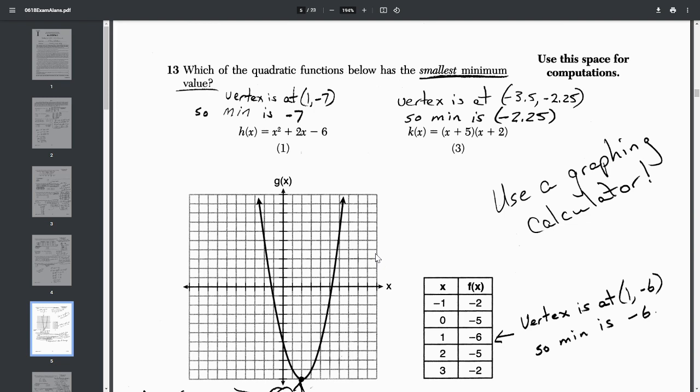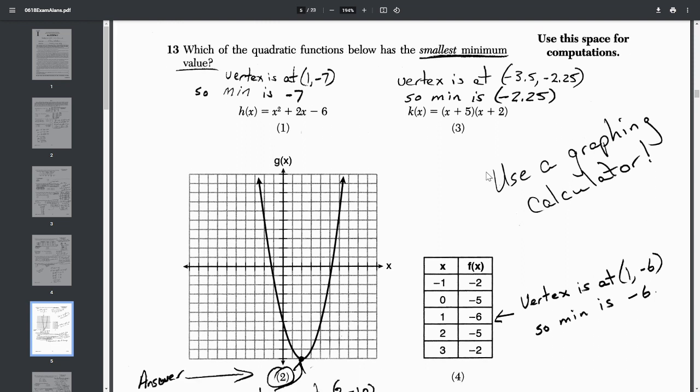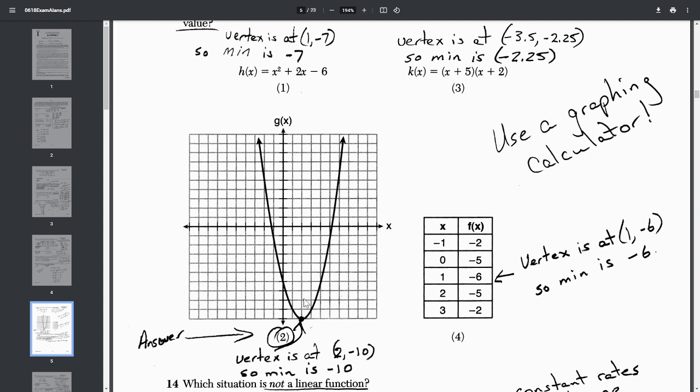Number 13 wants to know the smallest minimum value. So choice 1, this is just an equation. You could just graph this. Choice 3, this is just an equation. You can just graph it. Choice 2 is a graph, so just look right there. That's the minimum.